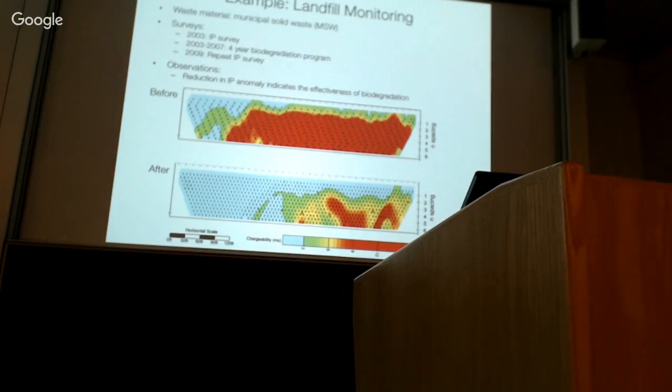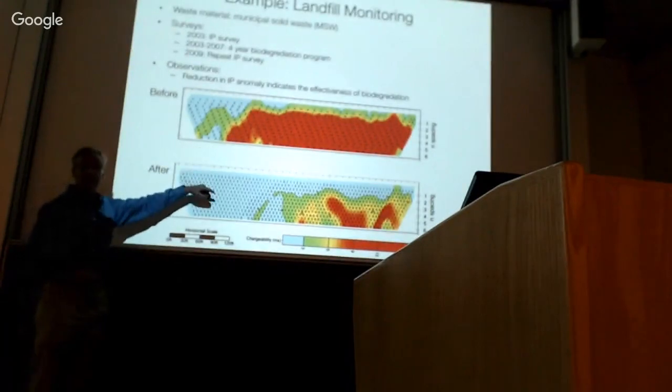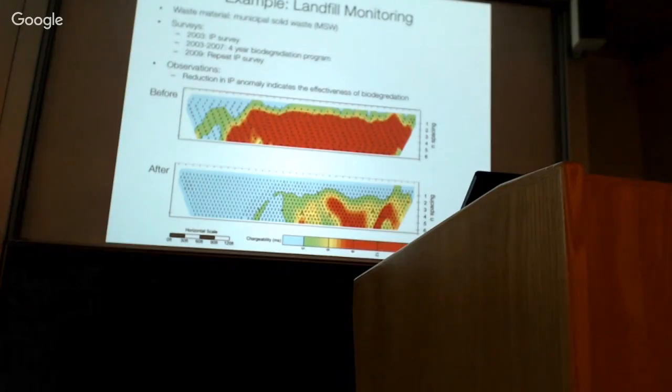And after 4 years, they came back and they did the IP again, and it was reduced to this. So that would seem to indicate that the IP is really sensitive to the state of bioremediation of the landfill. And if this turns out, then that might be a way of monitoring how well a landfill is being cleaned.